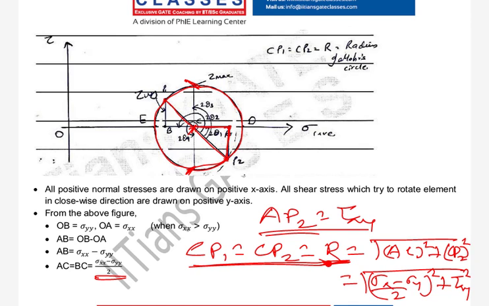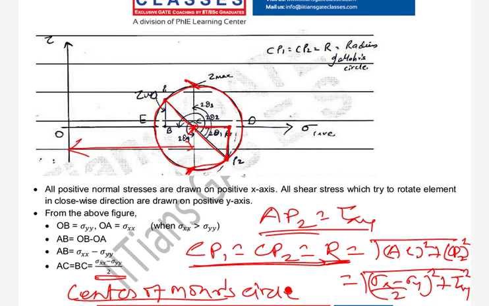So once you know the radius, what is next? What is the center of Mohr circle? Tell me. What is the coordinate of the center of Mohr circle? So the center of Mohr circle is OC comma 0.